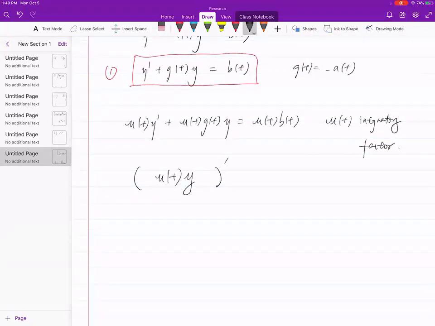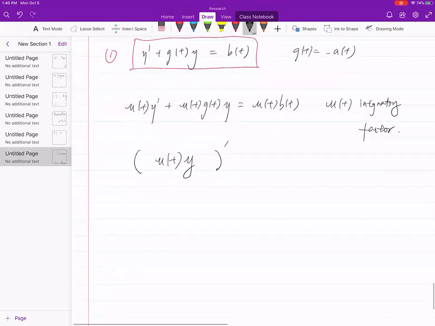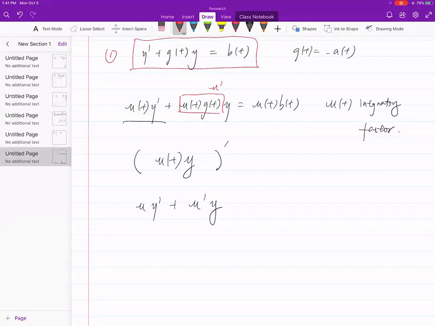But now ask yourself, if you do the product rule of this, what do you need? You need mu y prime, which is here, great, plus mu prime y. Still okay here? To make this happen, this whole thing here has to be mu prime. Otherwise, I don't have this nice format. Still okay? This provides you a hint how to find the mu.